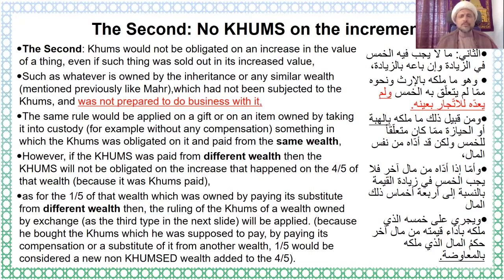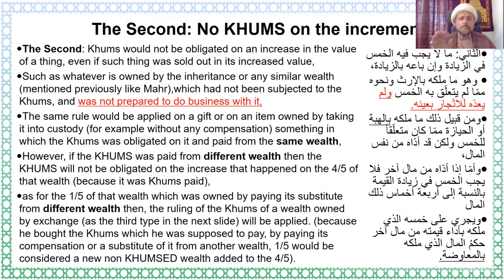and it was not prepared for tijara. Similar to this case is somebody receives a gift, or he was able to take something which was publicly available. Let's say the government says we are giving this free stuff, and he went there and took the free stuff. So it was publicly available to take over, to control, or take into custody. But it was subjected to khums, and he paid the khums of it from the same wealth.